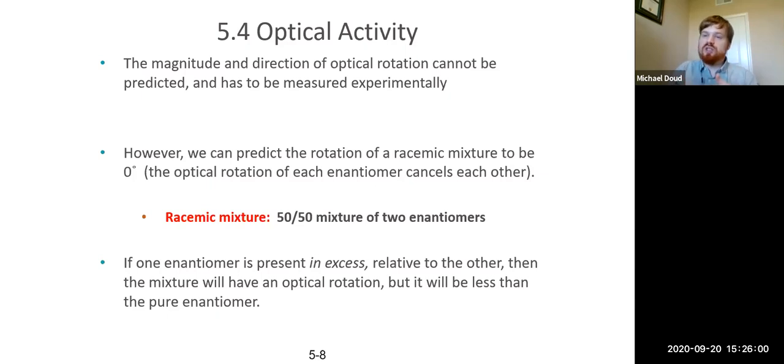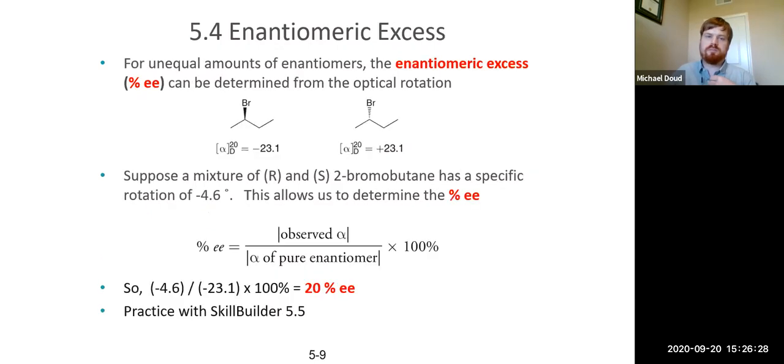So this racemic mixture is going to have an optical rotation of 0 degrees. We're not going to see any change in the light. It's only when we have one enantiomer present in excess that we're going to have an actual optical rotation. And keep in mind, if you still have some of the other enantiomer, that's going to counteract the more pure enantiomer. So you won't get the full optical rotation of the pure enantiomer.